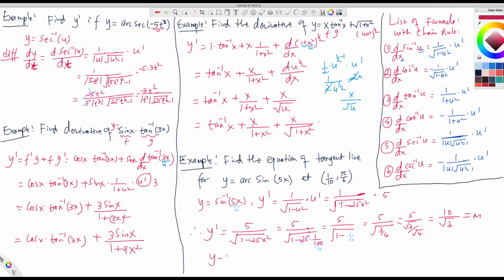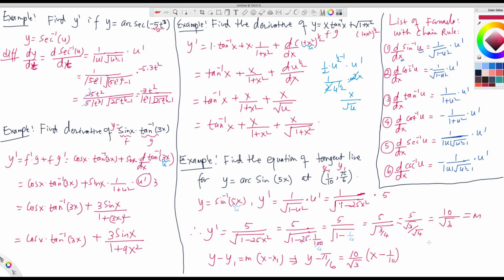So y minus y1 equals m times x minus x1. So y minus pi over 6, because this is x1, y1, equals m, which is 10 over root 3, times x minus x1, which is 1 over 10, right?